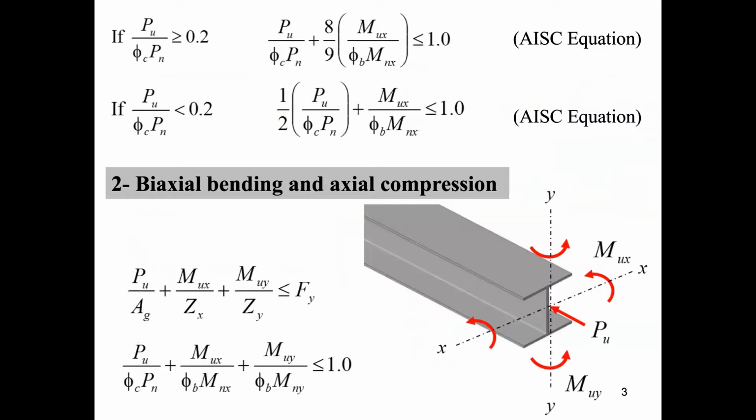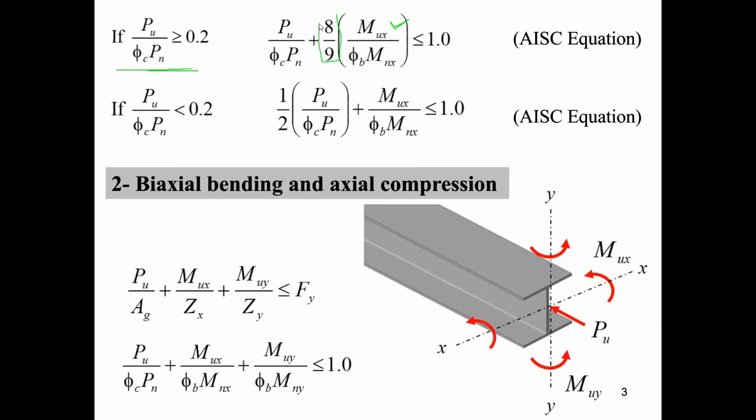Two formulas are given in the AISC specifications, one for large axial load and one for small axial load. If the axial load is large, in other words, if Pu over phi C Pn is greater than or equal to 0.2, the bending moment term is slightly reduced.